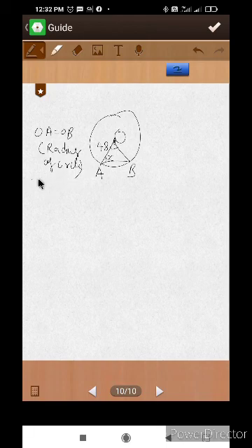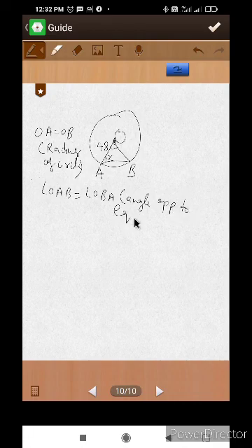Therefore, angles opposite to equal sides are equal. So angle OAB is equal to angle OBA, angle opposite to equal side.